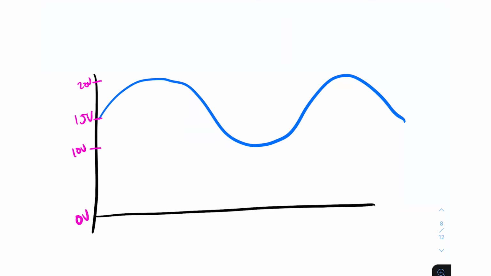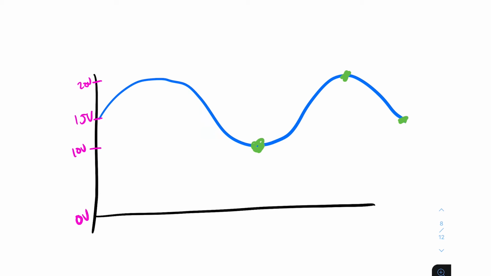But let's say, for example, you had this wave here. It's a voltage that starts at 15 volts, goes up to 20 volts, comes back down to 10 volts over here, goes back up to 20 volts, and comes back at around 15 volts here. This amplitude here is not 20 volts. It's not. So let's go to our official definition.